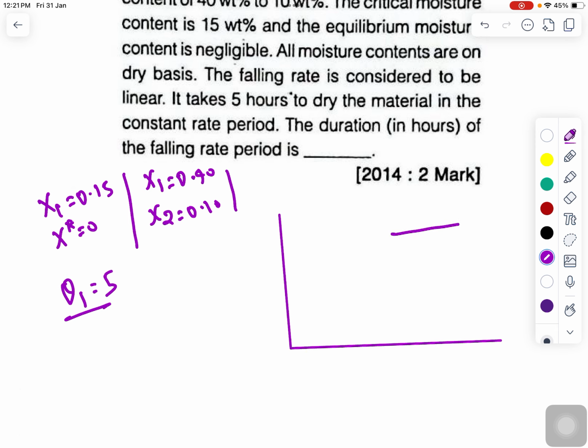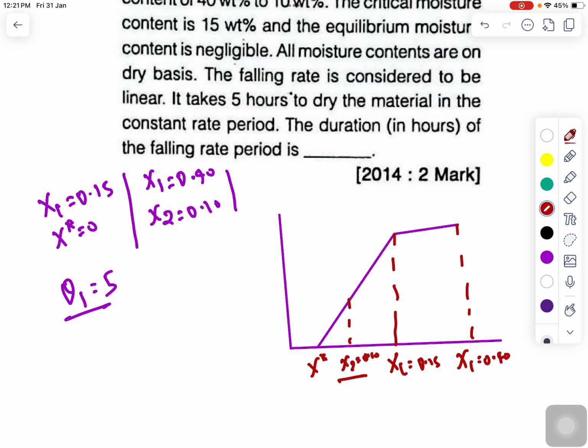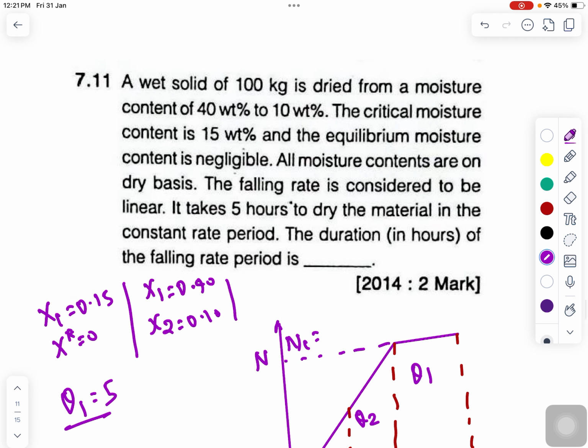There is a constant rate period and the falling rate period is also linear, and the equilibrium moisture content is negligible. Up to this particular point, this will be your Xc, and this is your X star, and your X1 is 0.40, Xc is given as 0.15 and X2 equals 0.10. From here to here, let's say I'm assuming theta 1 is this one and theta 2 is the falling rate period, and the constant drying rate Nc is not given to you.